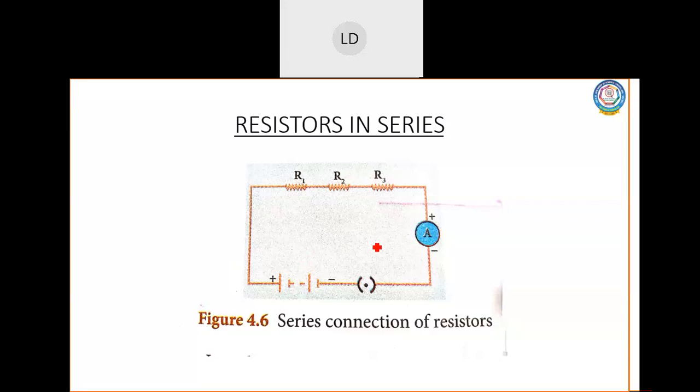Let V1 be the potential difference across R1, V2 the potential difference across R2, and V3 the potential difference across R3.